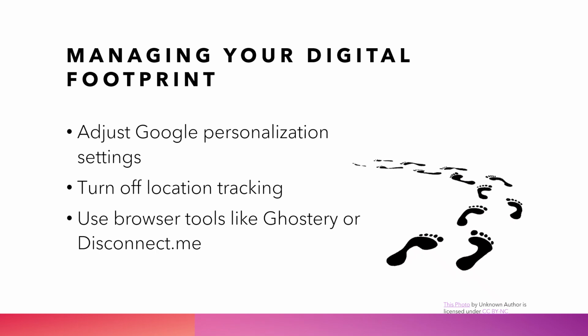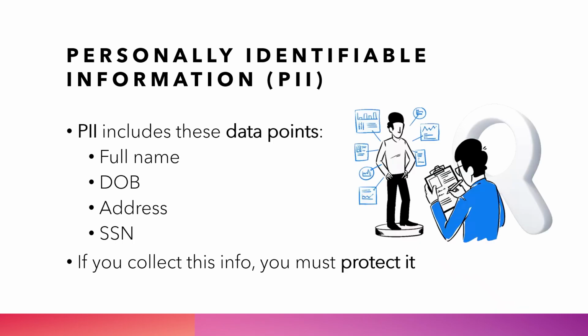Due to this imbalance, governments have intervened to establish data privacy laws. Here's an important term to know: personally identifiable information, or PII. PII includes data points that can be tracked directly back to you, such as full name, date of birth, home address, and social security number. Businesses that collect this information are responsible for protecting it.